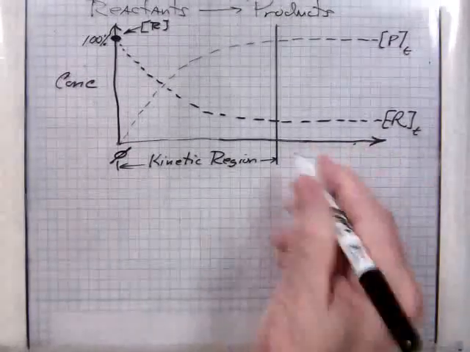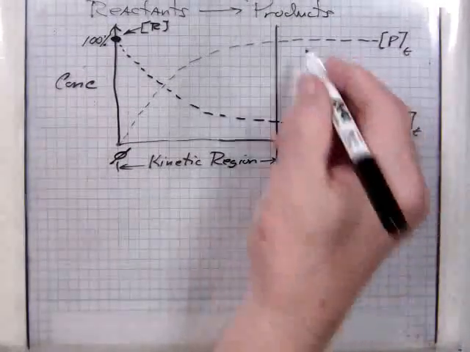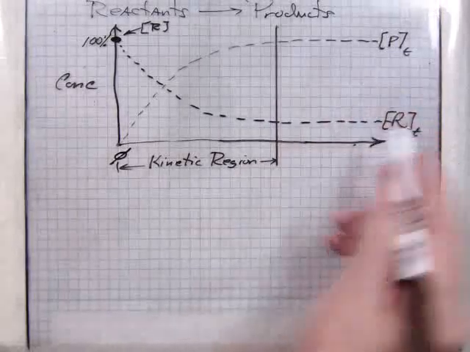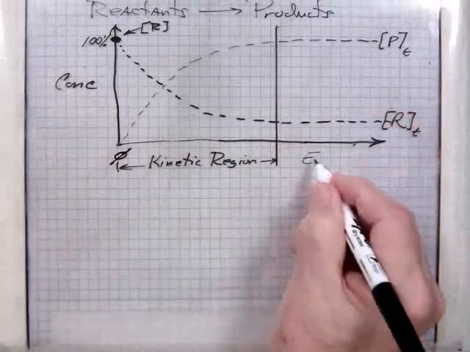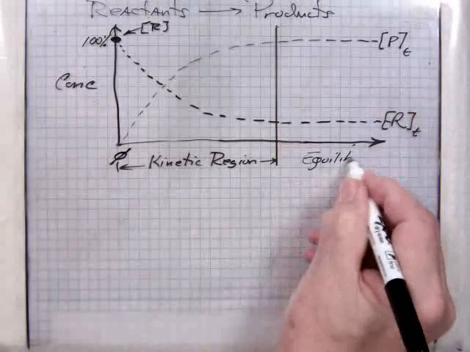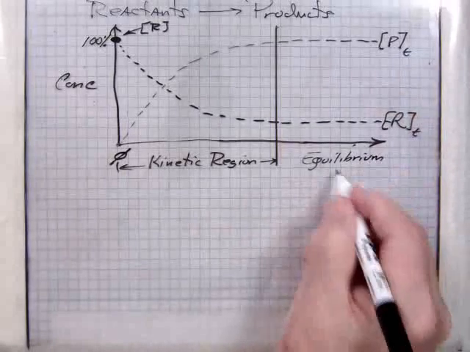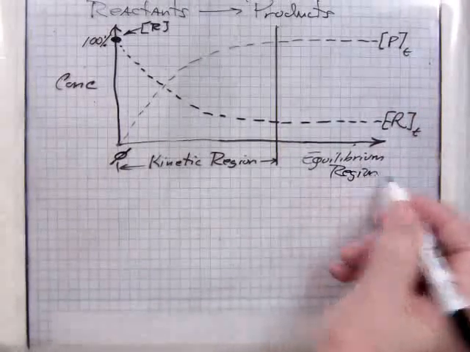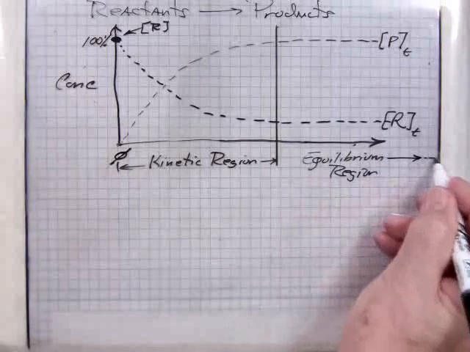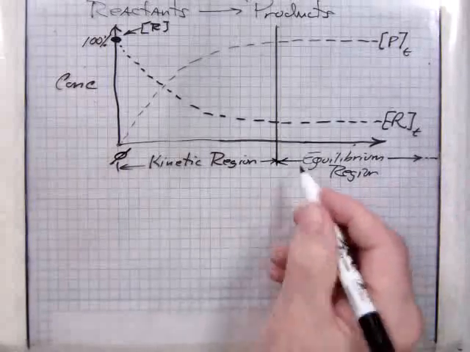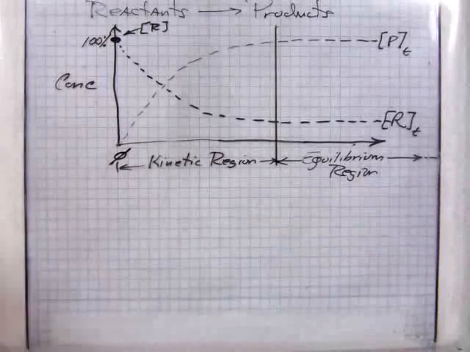And then beyond, on the right side, where the trends reach 0 slope, this is the equilibrium. And that goes on wherever, for as long as you want to watch it.